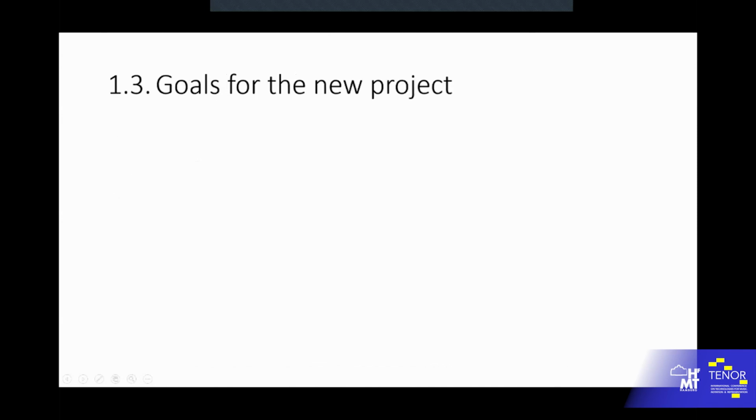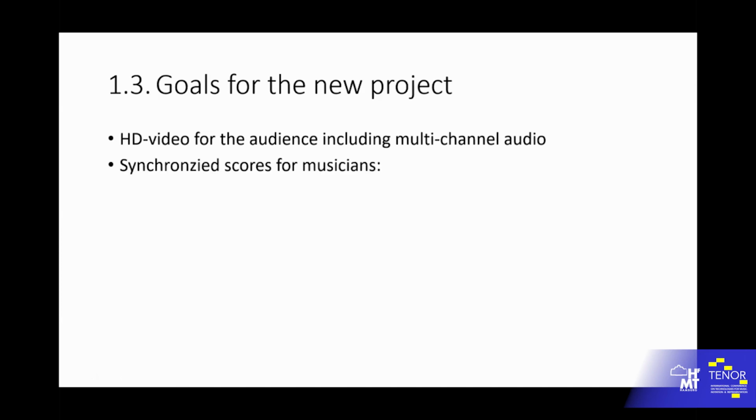So I asked Lothar Felten to think about software that allows synchronization for HD video for the audience, including multi-channel audio, and the synchronized scores for the musicians, the light technicians, the director, the conductor, and so on. So we needed, first of all, graphic notation for all. Three quarters of the screen was always above, and the lower quarter was always used for a precise notation per instrument.